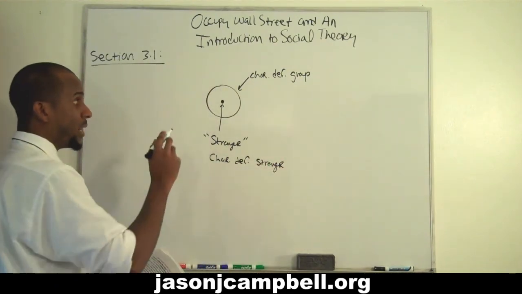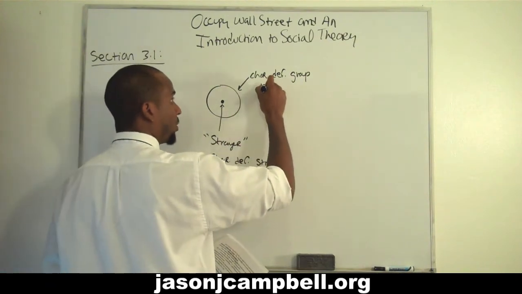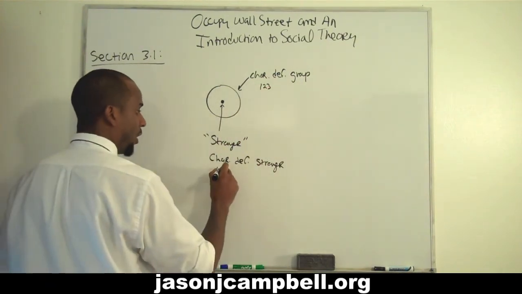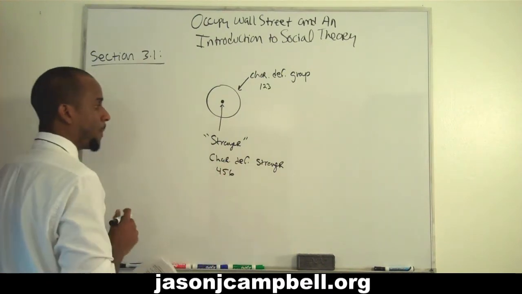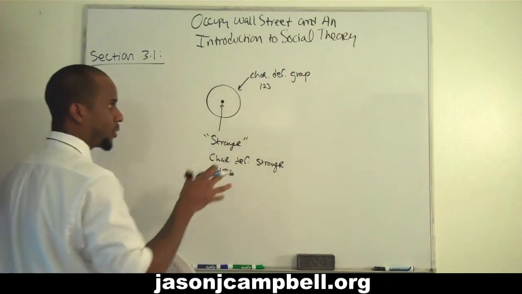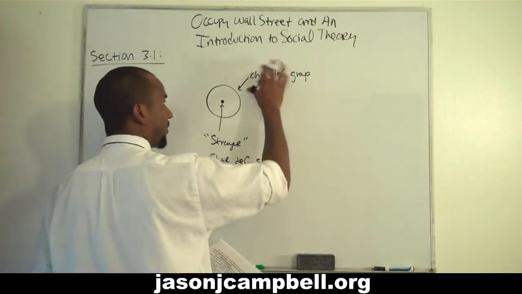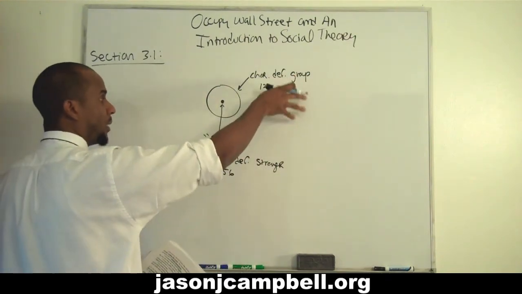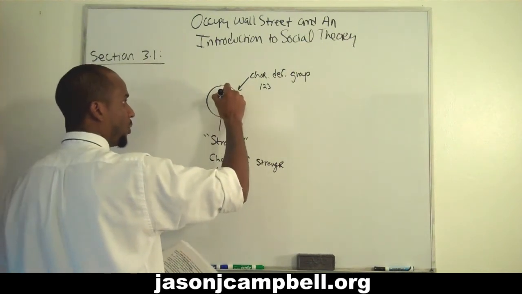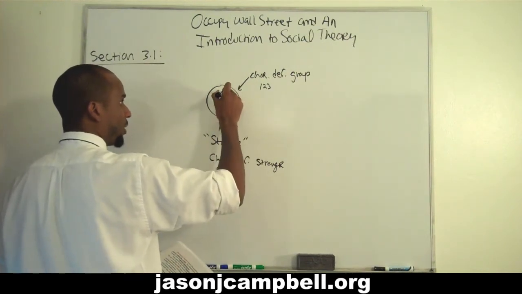So we have characteristics of the group, 1, 2, 3, and characteristics of the stranger, 4, 5, 6. In set-theory language, the characteristics of the stranger are not members of the set of the characteristics of the group, and vice versa. This relationship between the stranger and the group is a fixed relationship.